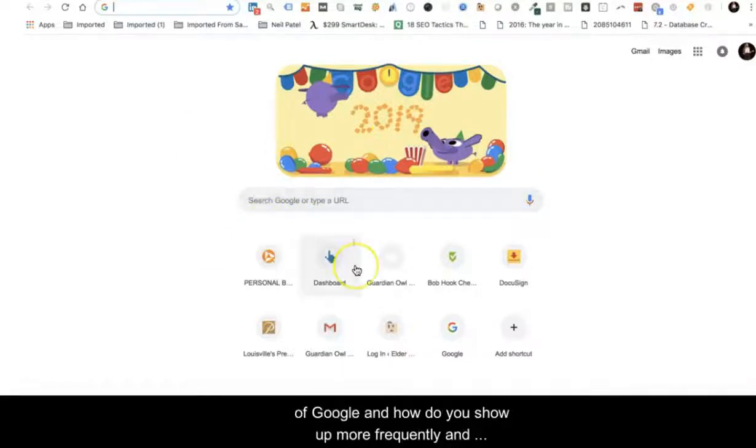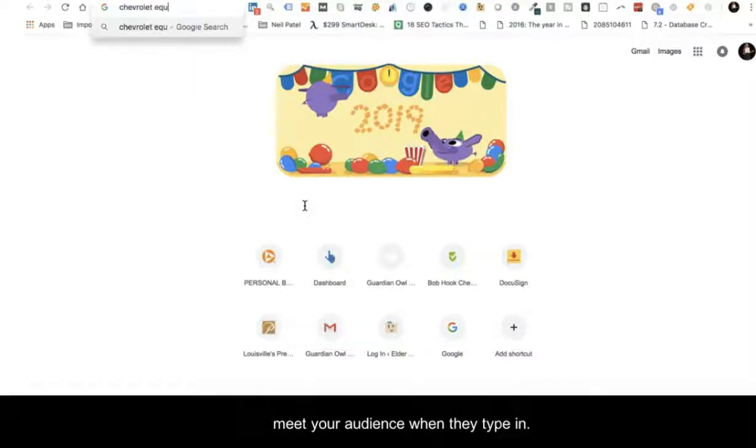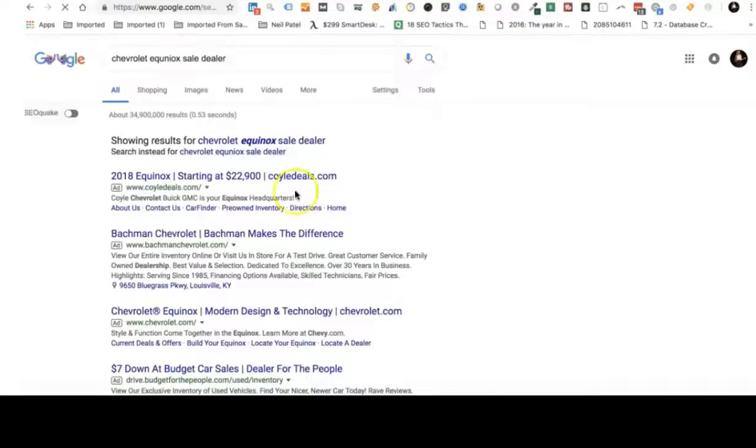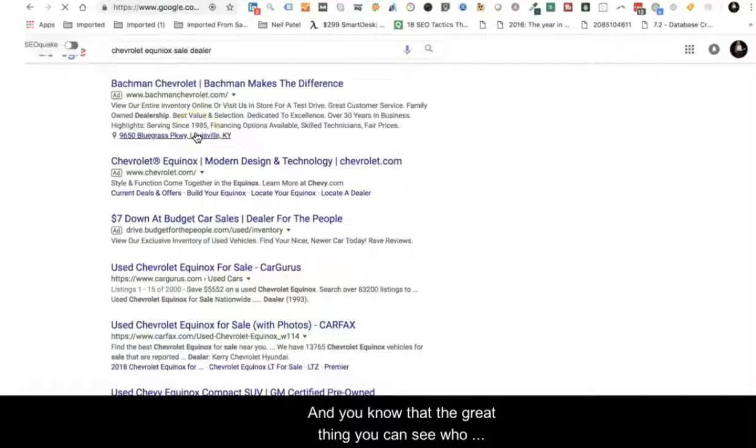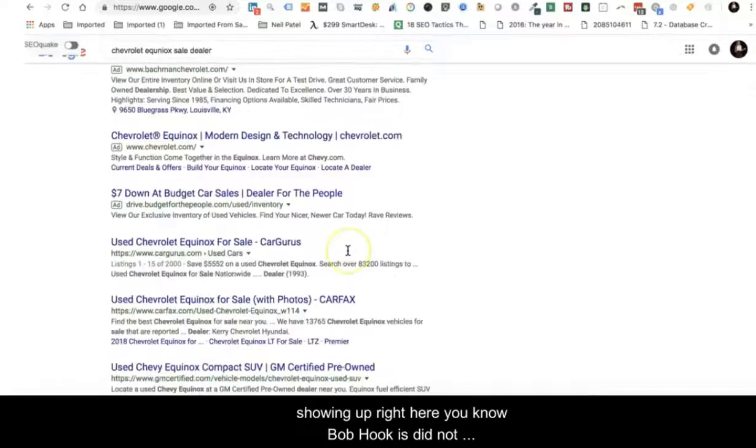And how do you show up more frequently and meet your audience when they type in Chevrolet Equinox sale dealer. And the great thing, you can see who's showing up right here.